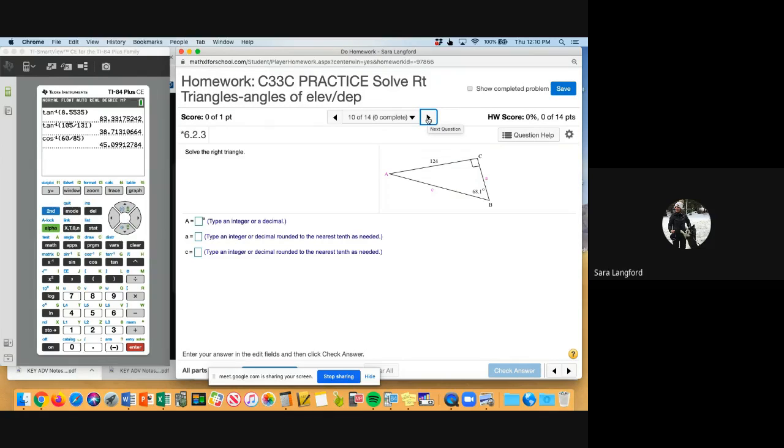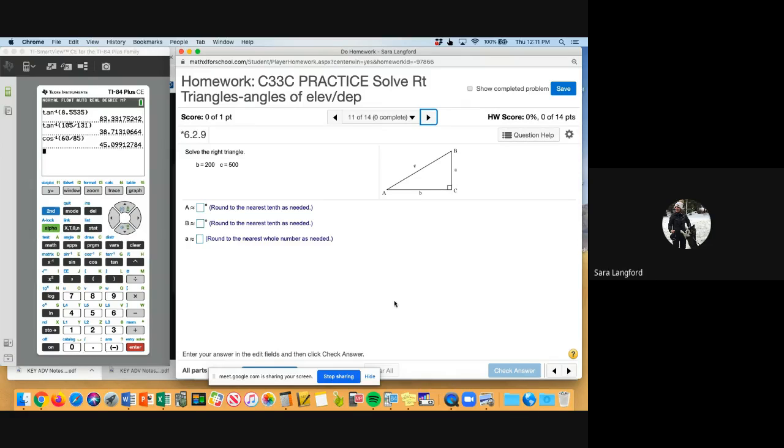Now in these problems, if you know 2 angles and need to find the third, you can just subtract from 180 degrees and then set up a trig function, sine, cosine, or tangent, to find the sides. On these, where you only know one angle, you'll have to use the inverse function.